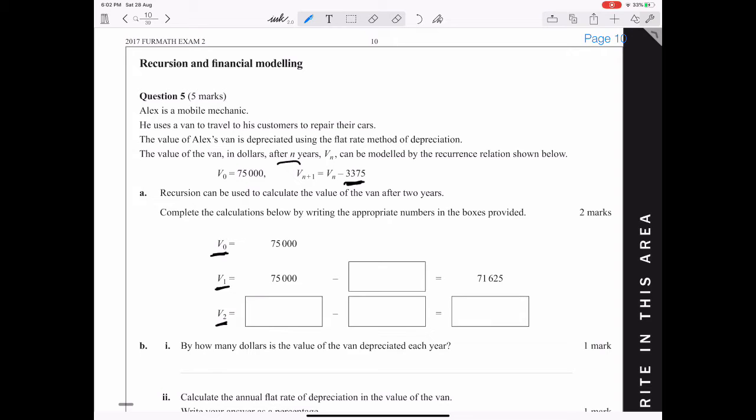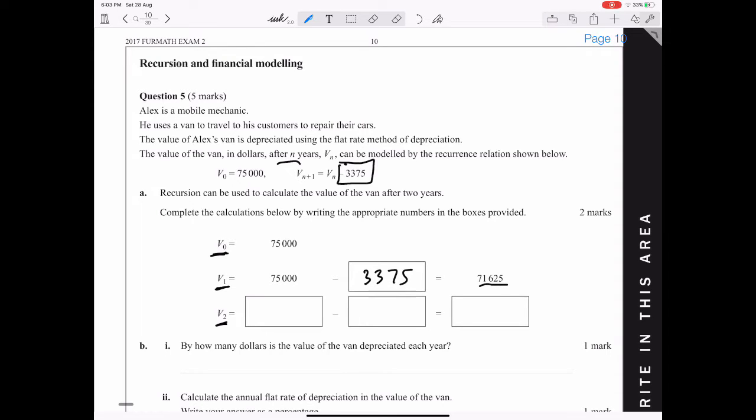So basically, after one year, you know that the value of the van depreciates by $3,375 each year. So $3,375. You put it in there, and if you do that on your calculator, that'll give you $71,625.